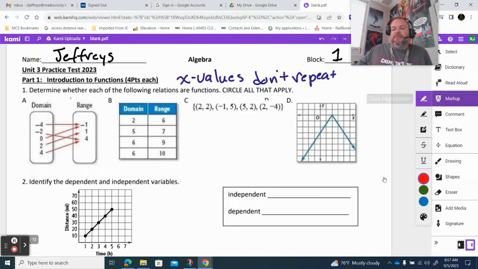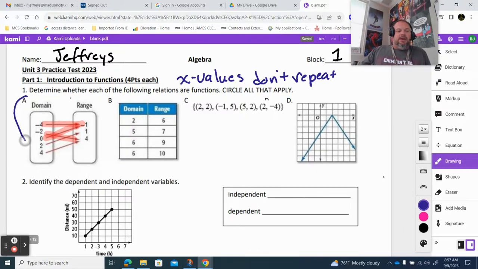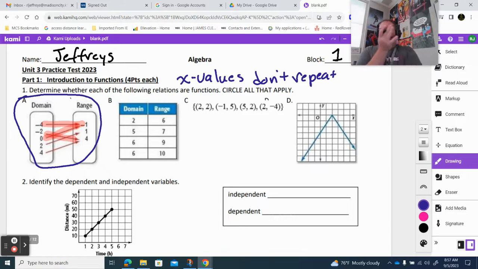So let's look at A. This goes to that. It only looks like each one of these only goes to one of those. So guess what? A is a function. Now, the y's can be shared, but the x's cannot. It's some weird rule. All right.